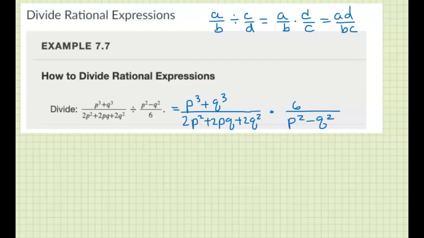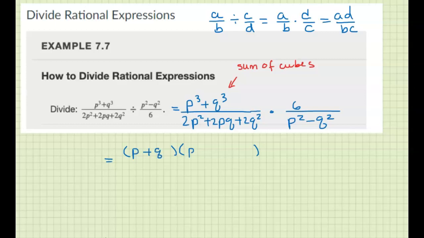So p cubed plus q cubed. This is a sum of cubes. All right, so if you remember, for the sum of cubes, we have two parentheses, a short one and a long one. In the first one, we have p plus q.